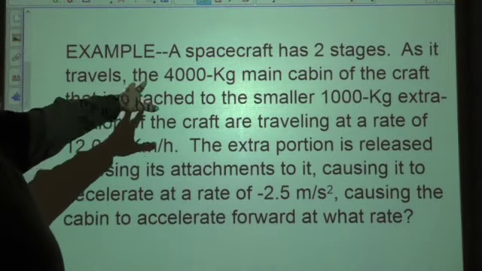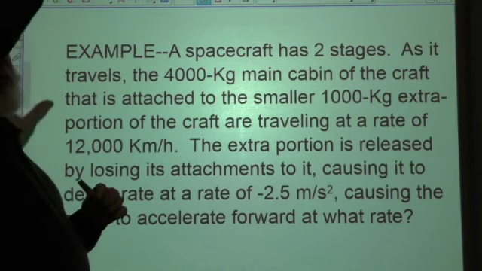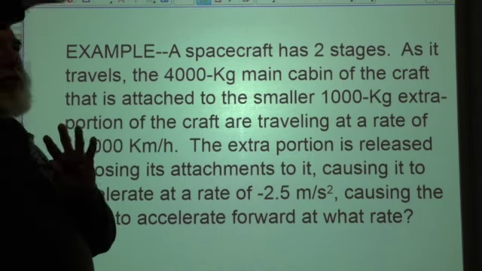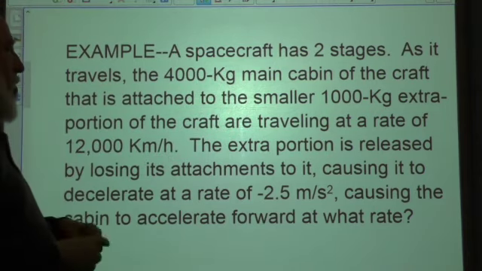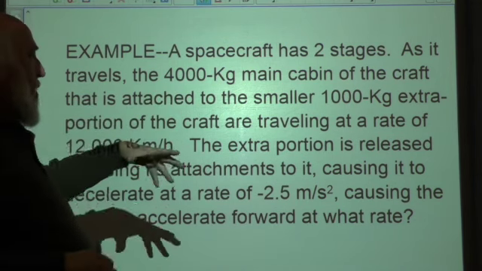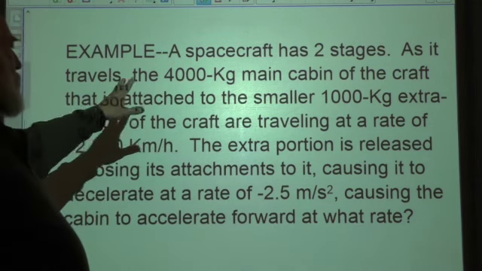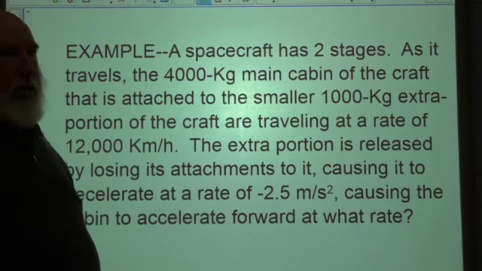We have a spacecraft that has two stages. As it travels, it's gone up out of the Earth, and it's now either going to another planet or circling the Earth or whatever. The 4,000 kilogram main cabin of the craft is attached to a smaller 1,000 kilogram extra portion of the craft.